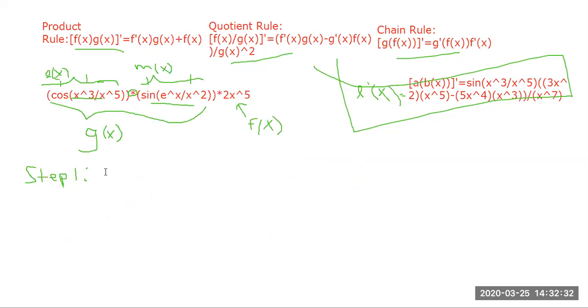Okay, step 2, we got to find m of x. Well, m prime of x. So m of x is sine of e to the x divided by x to the second. So that's m of x.